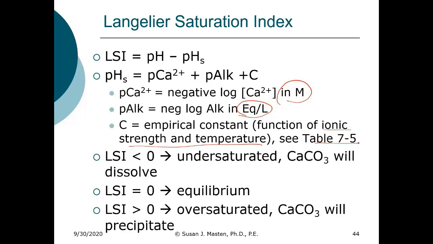calcium carbonate will precipitate. With Flint, you may have heard lots of talk about the fact that they didn't add a corrosion inhibitor. One of the major problems that's not discussed with Flint is the raw Flint River water was oversaturated with respect to calcium carbonate.